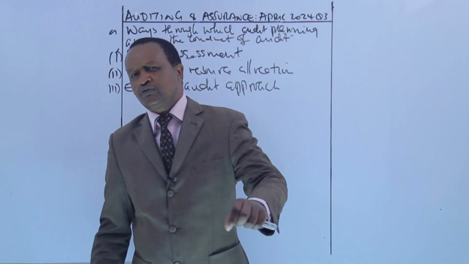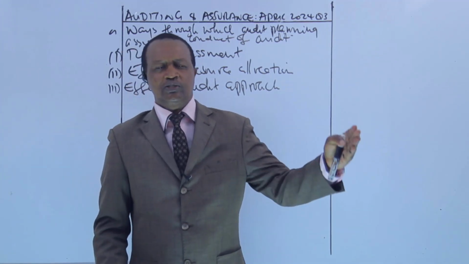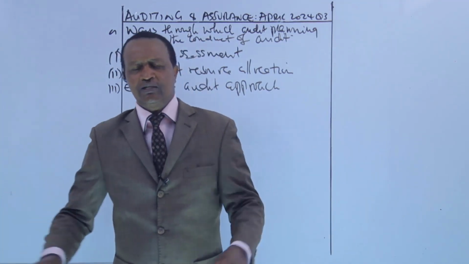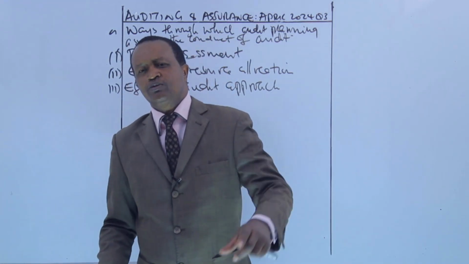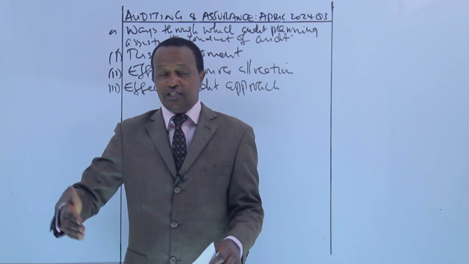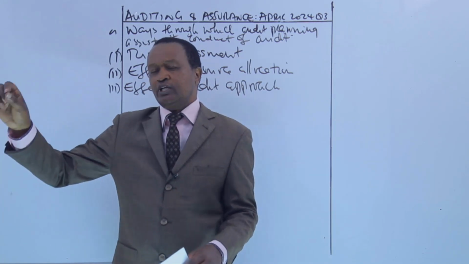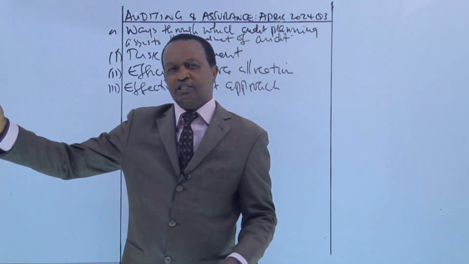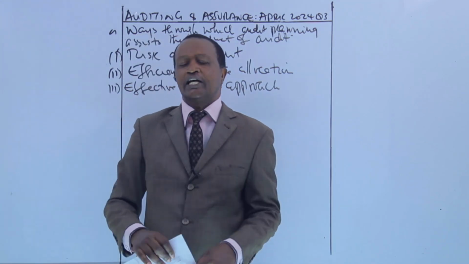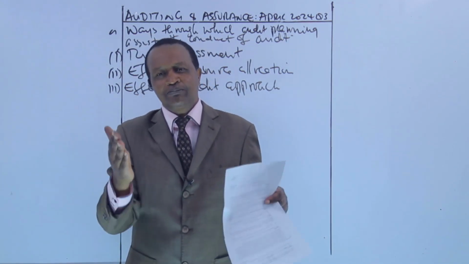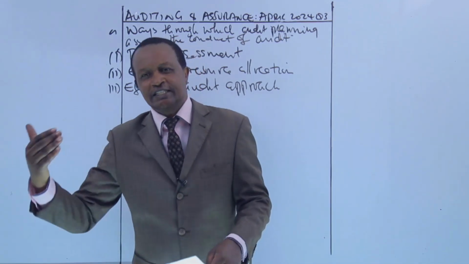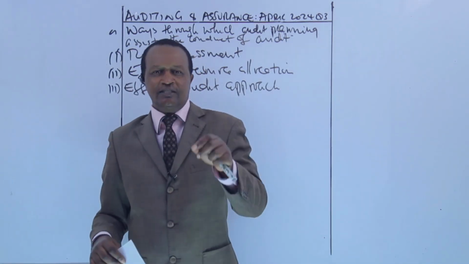Then after 2 months, we need to do this within this time frame, and these are the resources that we need. If it's a computerized accounting system, we may need those who are specialized in IT to help in the gathering of evidence and also carrying out procedures in a computerized audit environment. That is determined before the audit is conducted.